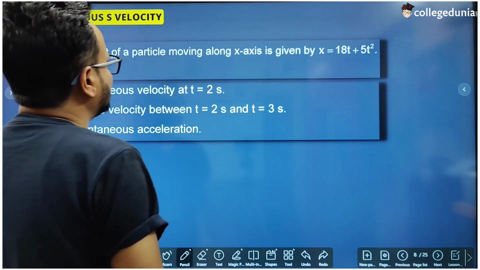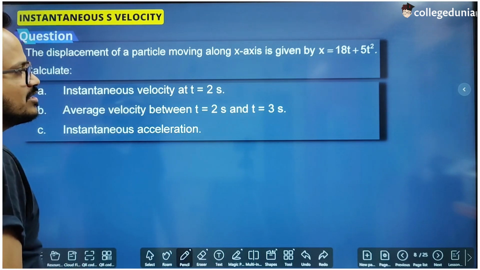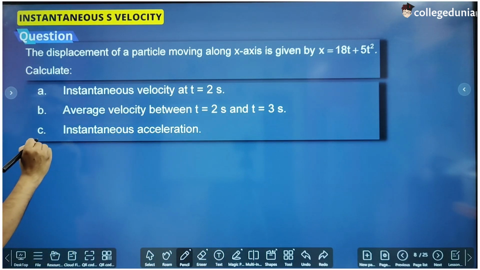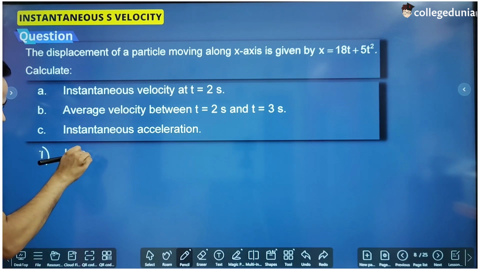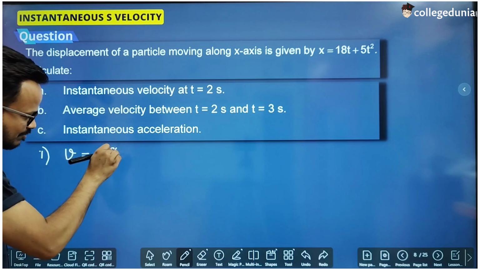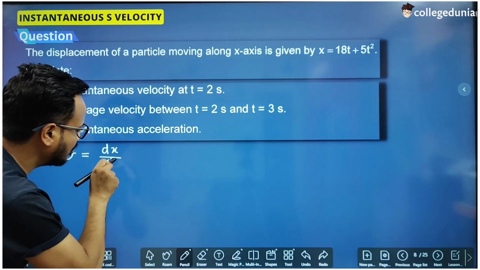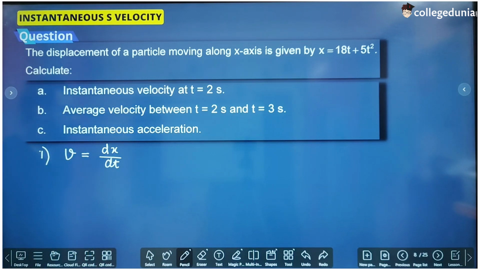The displacement of a particle moving along the x-axis is given by this. What is the instantaneous velocity? The instantaneous velocity is the derivative of displacement with respect to time, so it is dx by dt.